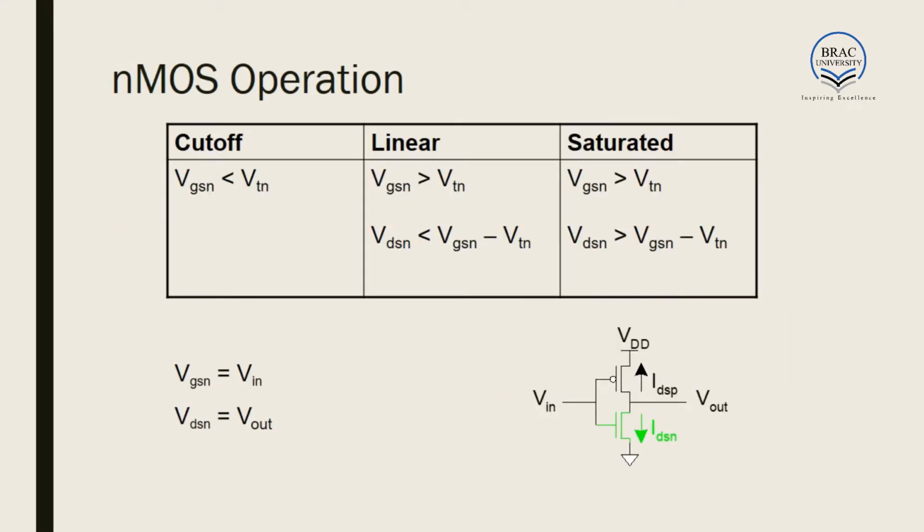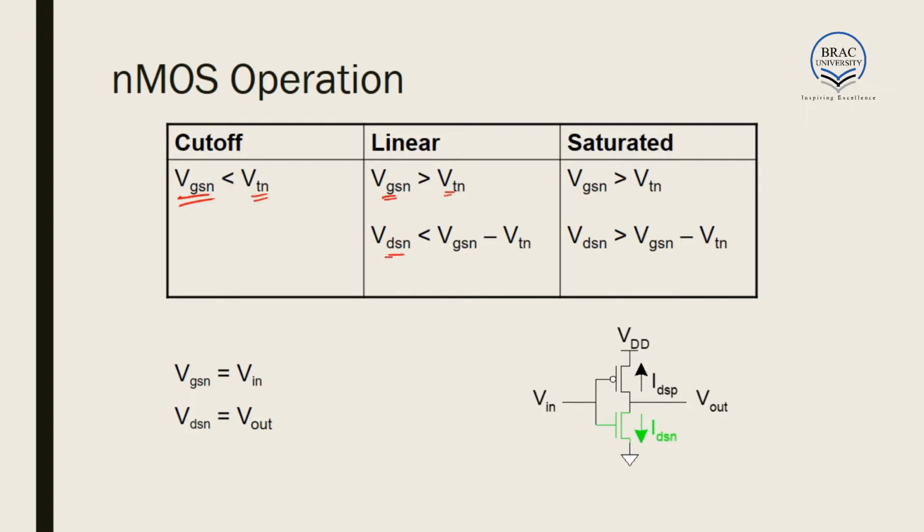Now, let us observe the NMOS operation. For the cutoff region, the gate to source voltage of NMOS has to be less than the threshold voltage. In the linear region, an inversion region has to be created, so the gate to source voltage must be greater than the threshold voltage.